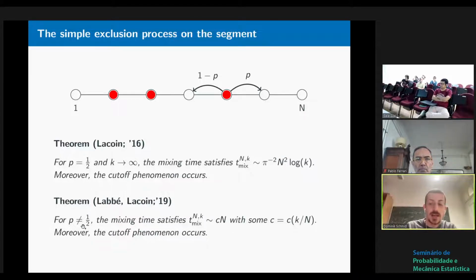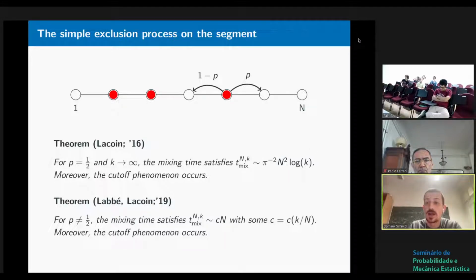And also in the biased case, this is a result due to Labbé and Lacoin, that for any parameter p different from a half, the mixing time is in fact of linear order, and we have cutoff, whereas this constant c depends only on the ratio between k and n.